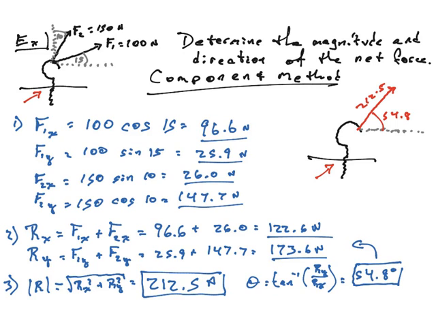What you do, for every vector in your system, is break it up into x and y components, and then you just list them. That way they're there for you to use. Once you have all of them broken down, you can add the components. So you add all the x's together to get a total result in x, and add all the y's together to get a total result in y.